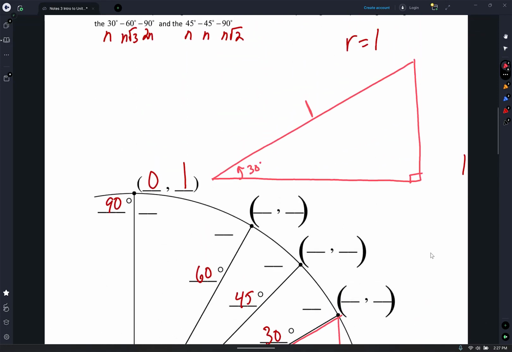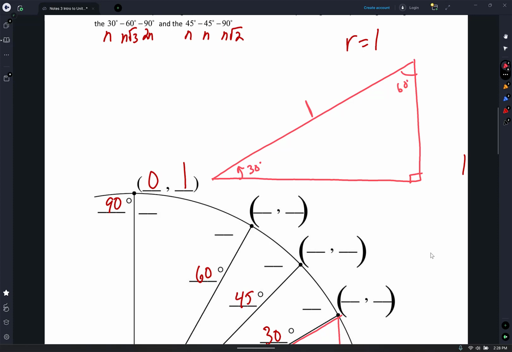I need to figure out my horizontal displacement and my vertical displacement. This is a 30, 60, 90 triangle. So I'm going to figure out my horizontal displacement and vertical displacement using my trig ratios. I know n, n square root of 3, and 2n. That hypotenuse is 1. Is everyone following along, or am I just going blah, blah, blah? Okay.